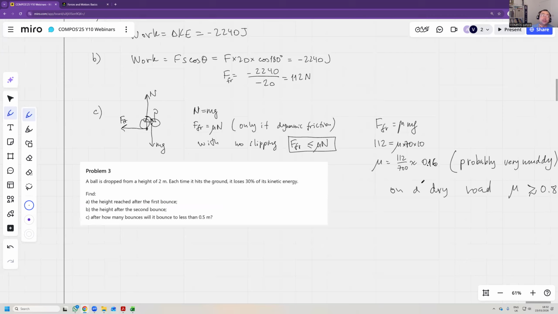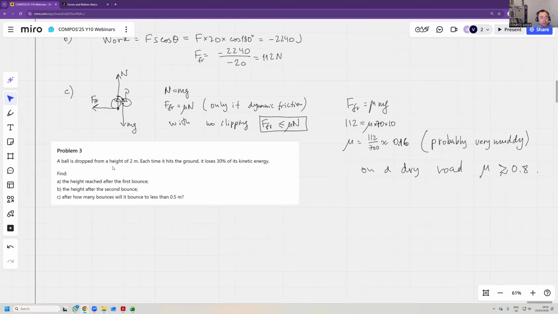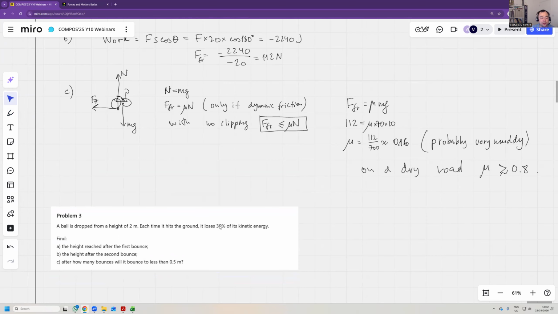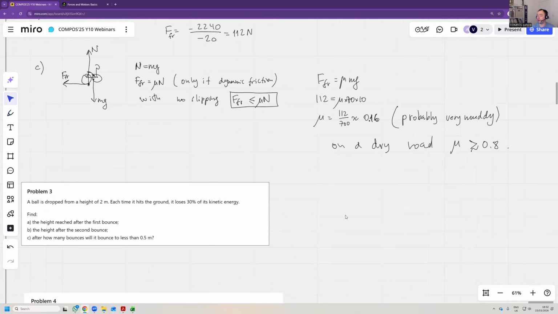The coefficient of friction tells you the fraction of your weight. If the coefficient of friction is 0.5, that means the frictional force can be up to half of your weight.